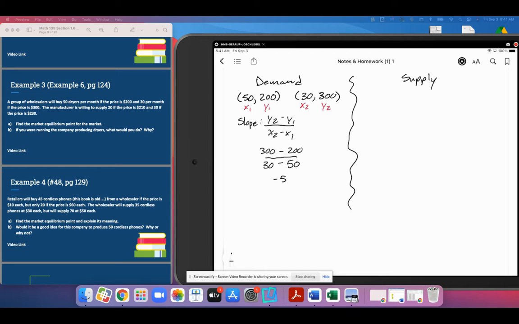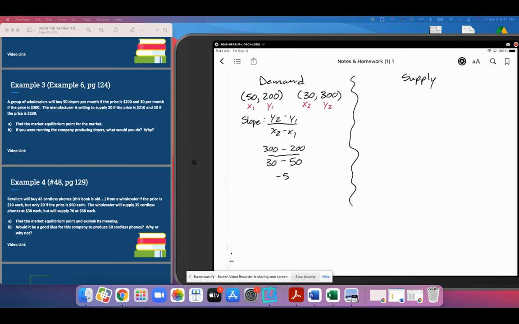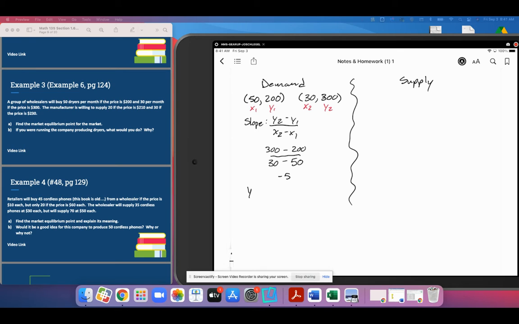Okay, and so with my slope of -5, I can go ahead with the point slope formula, y minus y1 equals m times x minus x1. And we do have our y1 value of 200. Our slope is -5. And we have our x1 value of 50. So again, I like to give that to Wolfram because I do not like point slope form.